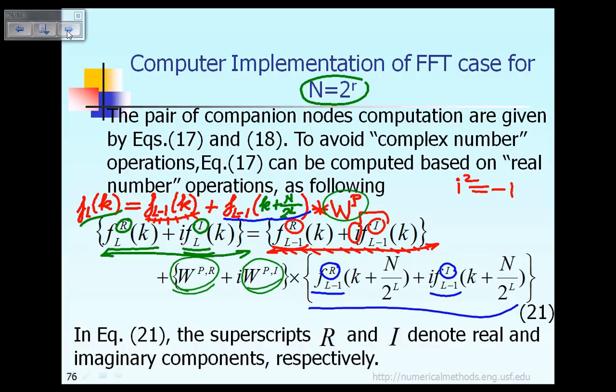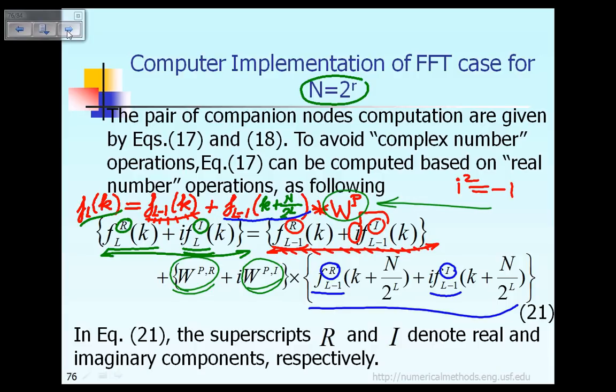So equation 21 that you see on the computer screen is nothing except the same thing as the earlier equation that we have. The only difference is we express every complex number in the form of real and imaginary part. We separate it out. Okay.